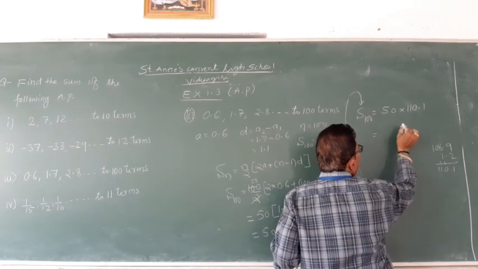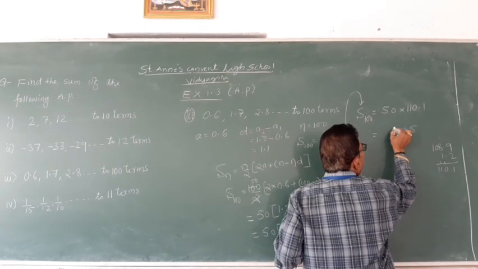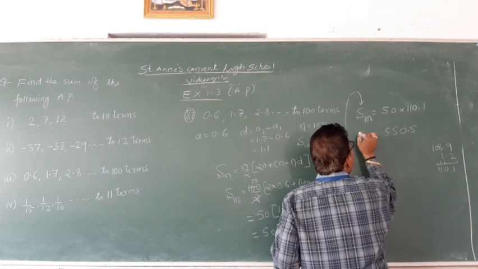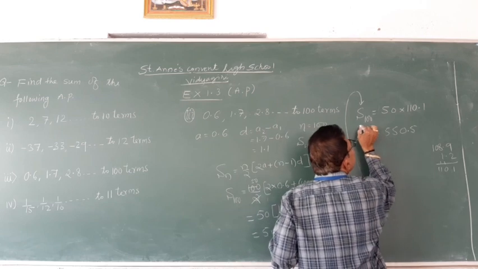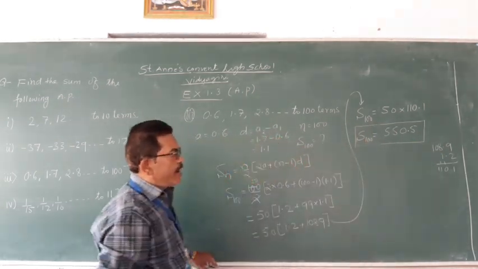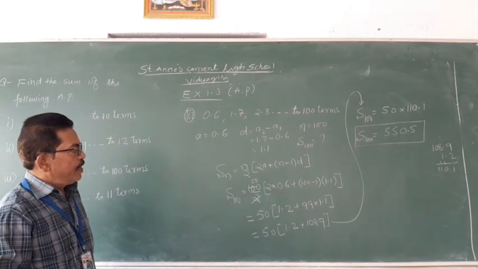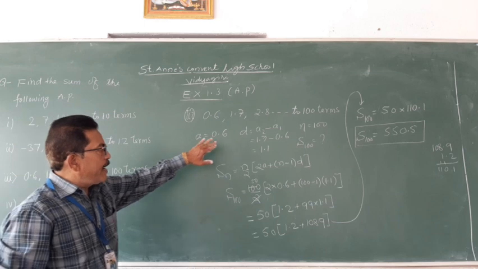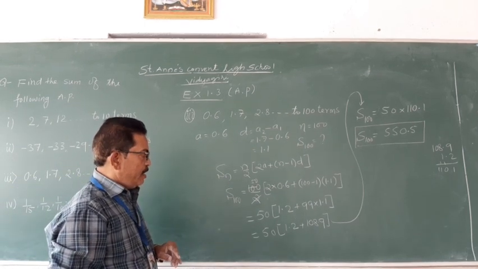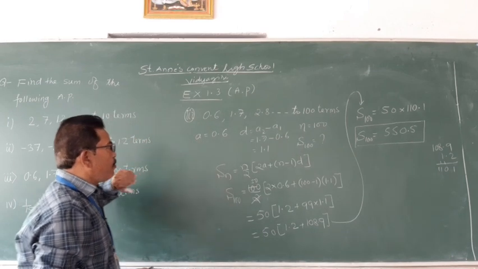So S100 equals 550.5. See, simplify carefully when decimals are given. So this is the method of solving this type of problems.